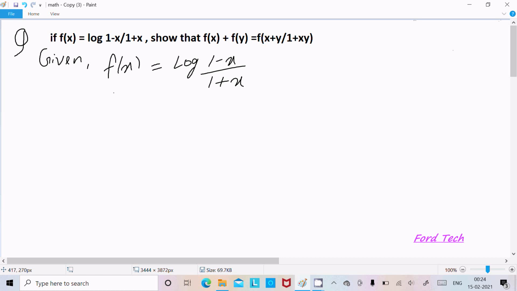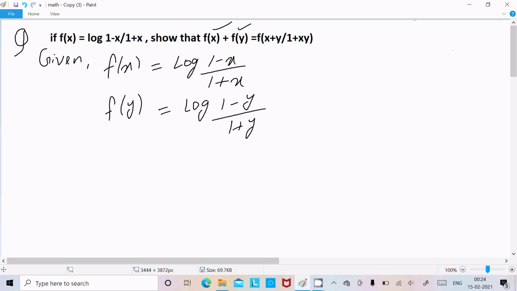Now if I put f(y), in place of x we need to write (1 - y)/(1 + y). The same thing here, f(x) and f(y) that I found.